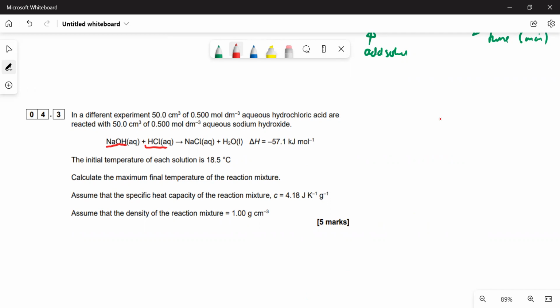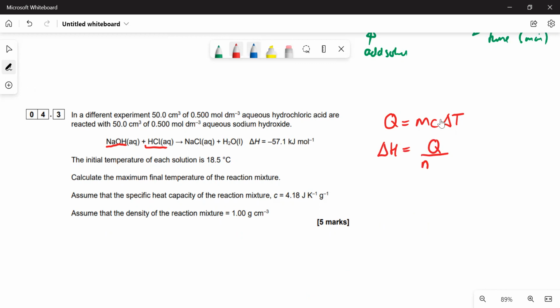We need to use Q is equal to mc delta T, where Q is the quantity of heat released in the experiment, m is the mass of the solution, c is the specific heat capacity, and delta T obviously is that. And then we want delta H, well, that is equal to Q divided by the number of moles, I'll call that n, reacted.